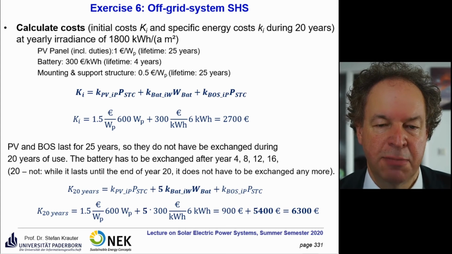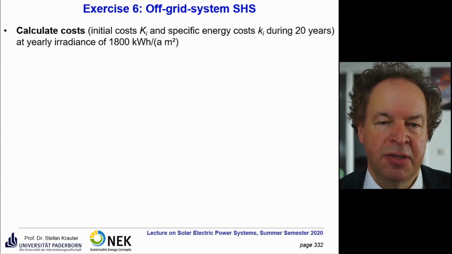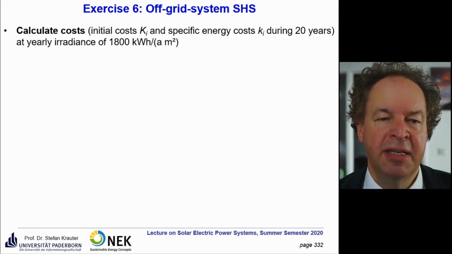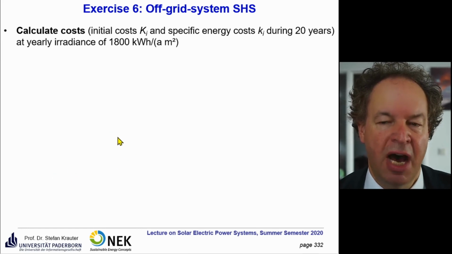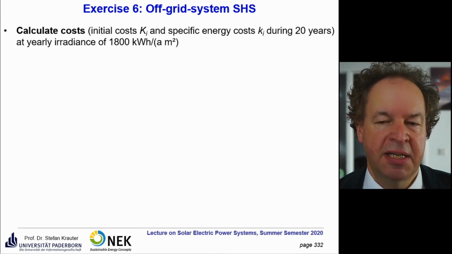Let's take a look at the specific costs. So the first issue is if you calculate that for a yearly irradiance of 1800 kilowatt hours per square meter per year. That means how much is our PV electricity worth, also being stored. As the next step, we will take into consideration how much it is from the load perspective, how much each kilowatt hour of the consumed energy at the existing load costs.